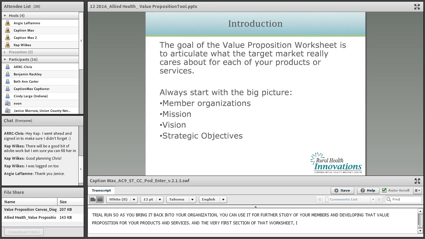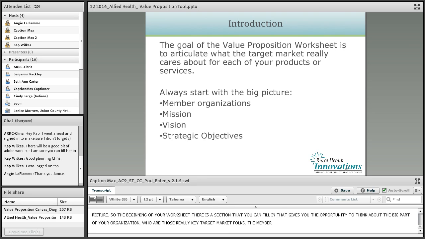And the very first section of that worksheet. I introduced the value proposition worksheet with this guidance: the goal of completing this effort is to be able to articulate what your target market really cares about for each of your products and services. When we jump into an effort such as this, we really want to always start with the big picture. So at the very beginning of your worksheet, there's a section that gives you the opportunity to think about the big part of your organization.